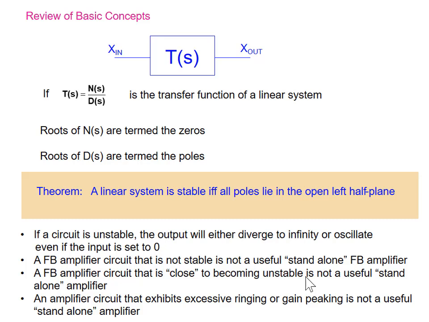Anybody else want a different definition for the imaginary axis? Oscillatory. Any other definition? I don't care about a definition on the imaginary axis, because the imaginary axis is a set of measure 0.